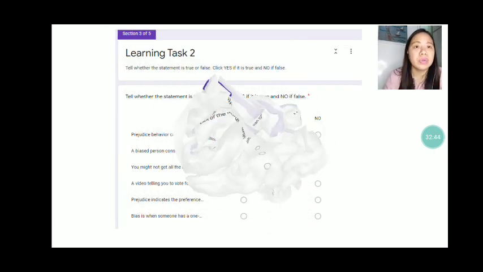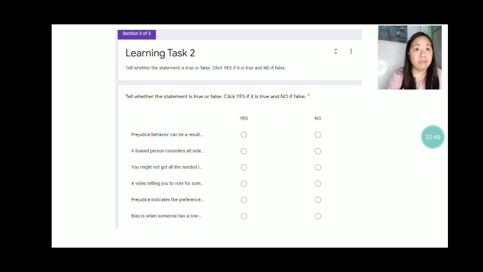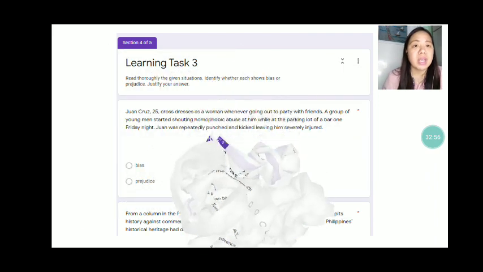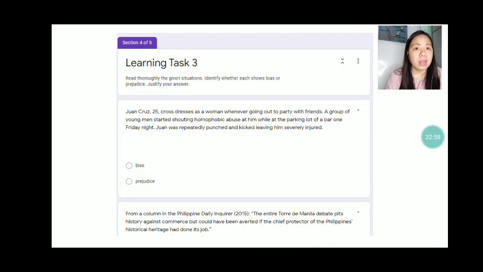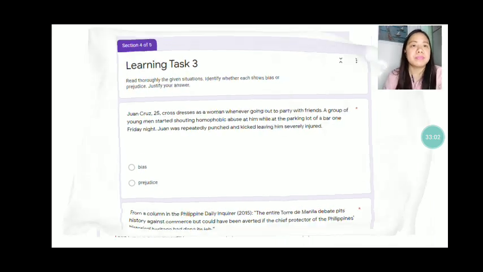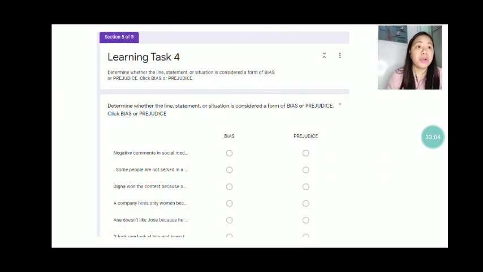Learning task 2, 1 to 10 as well. If the sentence is telling true, you click yes or click no. So, hindi na kayong susulat, diba? Pag sa Google form kayo magsasagot, you just need to answer it. Learning task 3, you just need to determine if the situation is bias or prejudice. Just click. And then learning task 4 or the assessment, ito na yon, you are going to look at the situation if it's bias or prejudice.